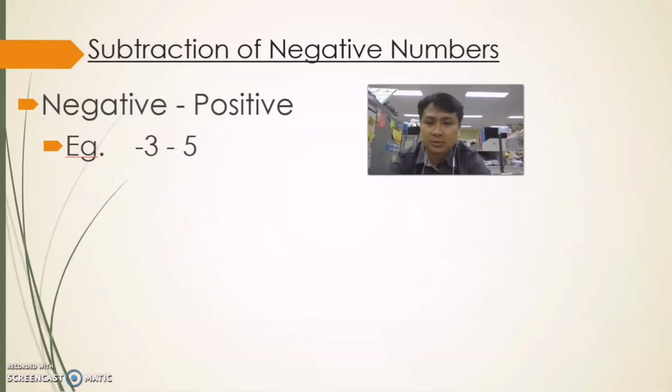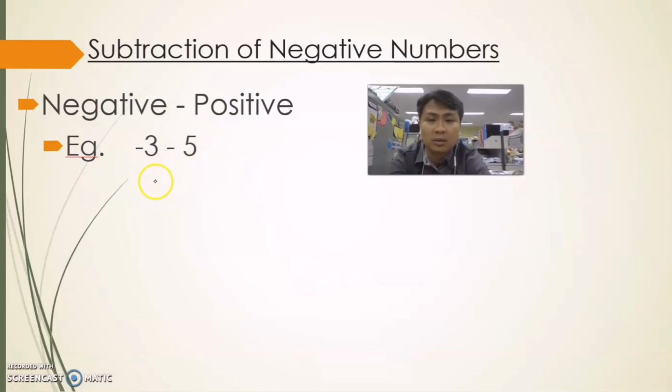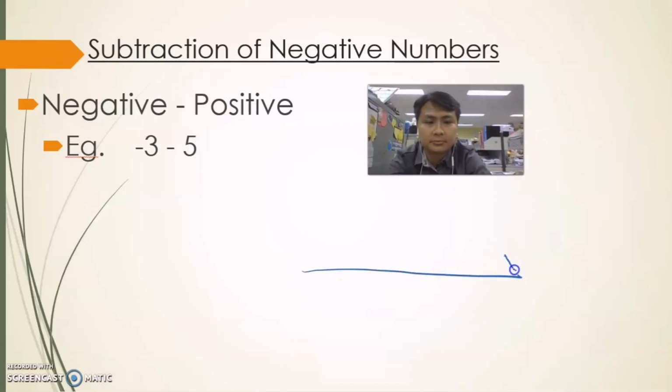Next we will look at negative 3 minus 5. For this, we can actually make use of the number line straight away. There are no brackets in between here, so we can just use the number line. We started with negative 3. Our 0 is here.